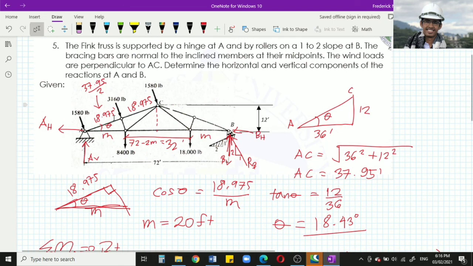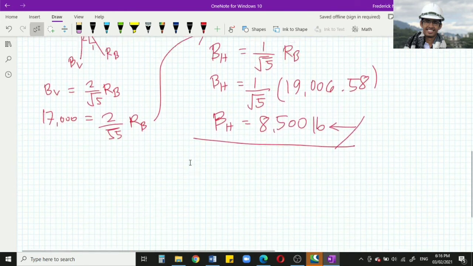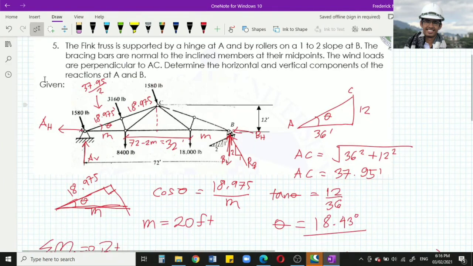Kailangan din natin kunin yung vertical and horizontal components ng wind loads natin dito sa truss. So summation forces vertical na lang tayo. Okay? So, summation forces vertical.